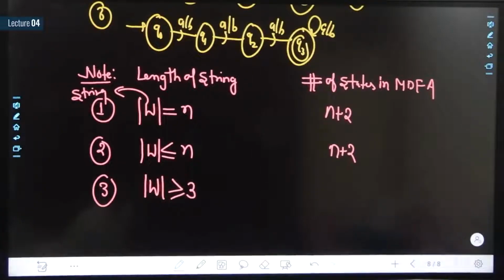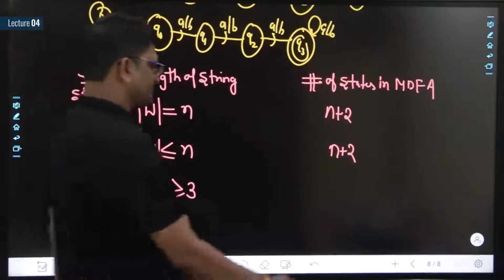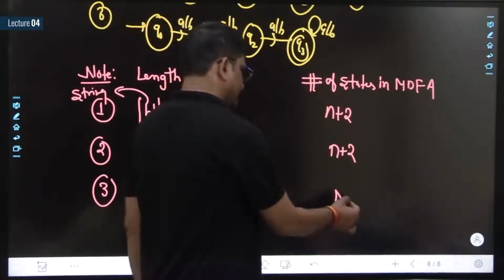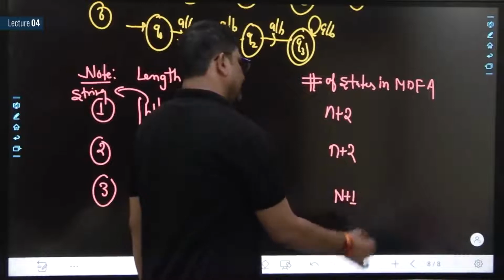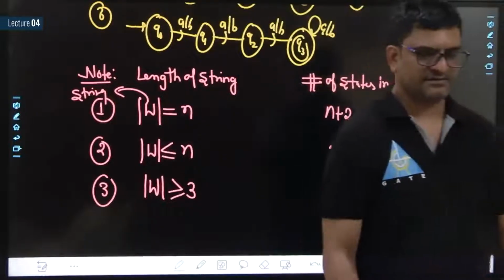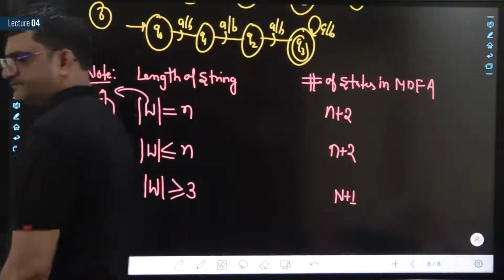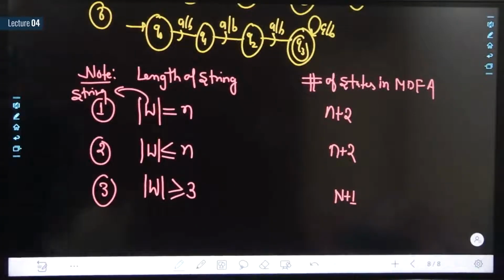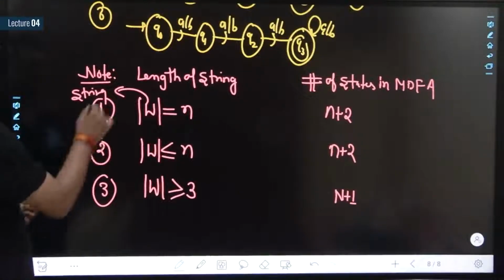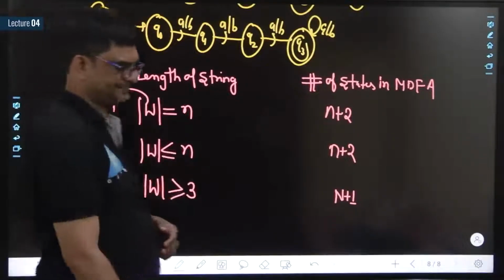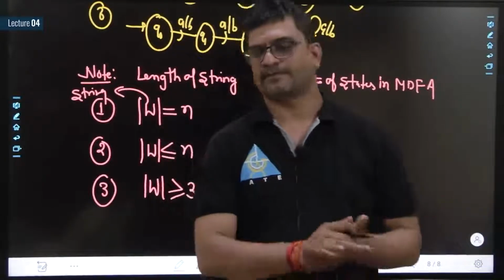The number of states is n plus 1. Clear? Remember these 3 points. Okay.